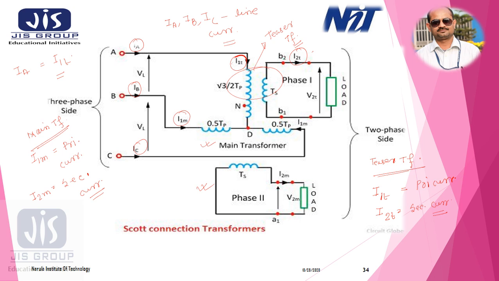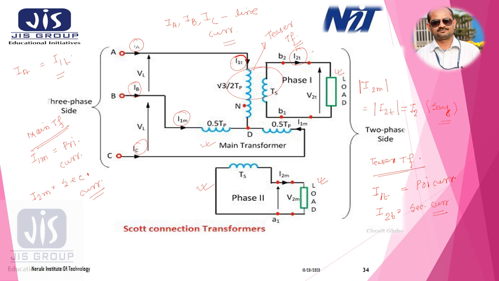And I have mentioned in my first lecture that the secondary for this teaser as well as for this main transformer is identical. So if this is identical, from here we can conclude I2M equals I2T equals, let's say we will assume this as I2. Okay, so this is I2.